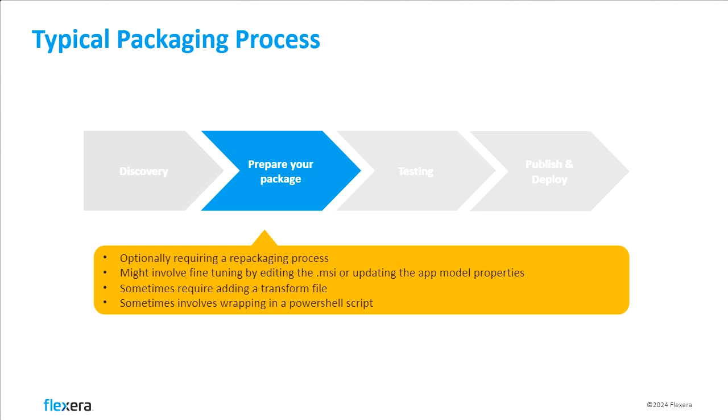It might also include additional customization or automation, such as wrapping the package in a PowerShell script, so if you're using the PowerShell App Deploy Kit, to wrap a package with the PowerShell App Deploy Kit.